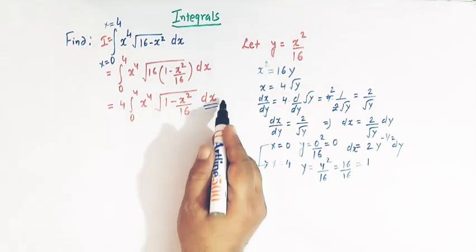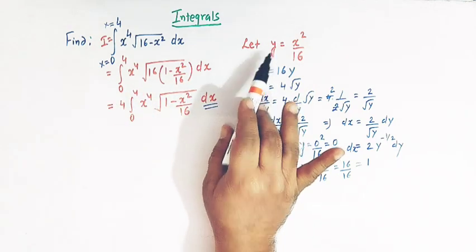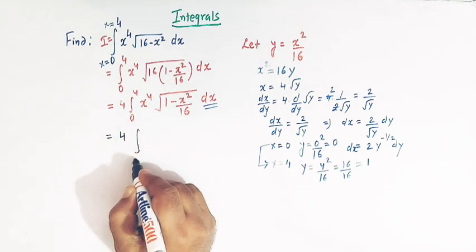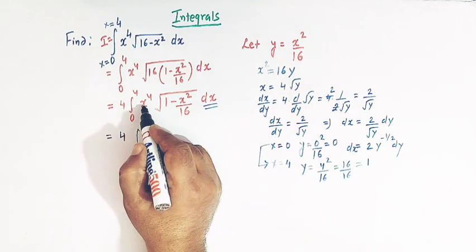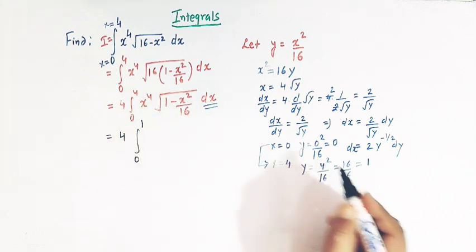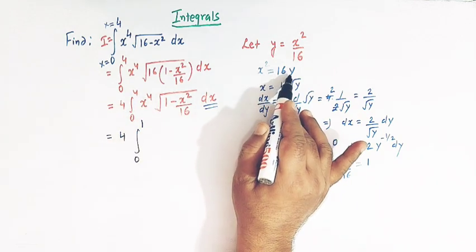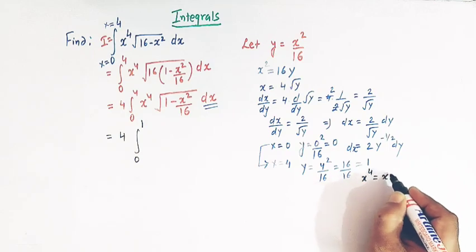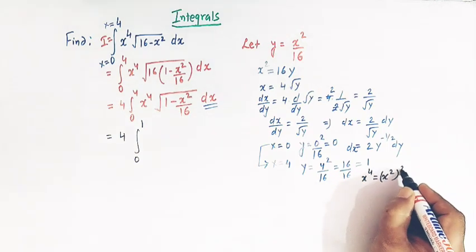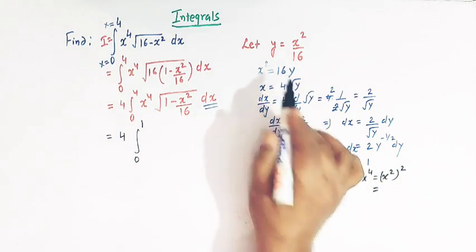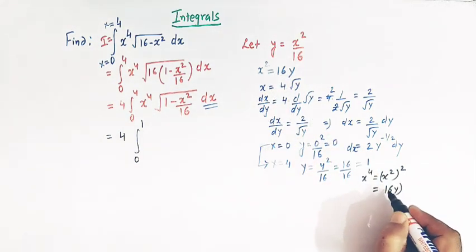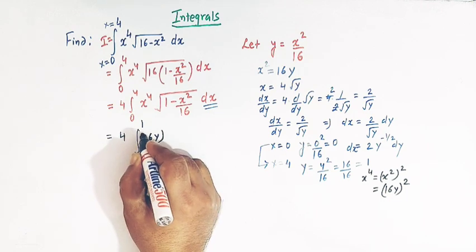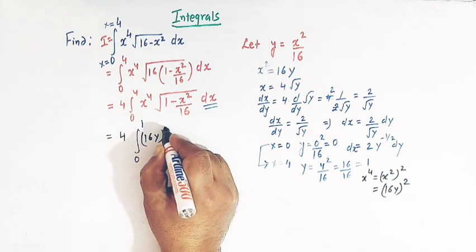Now we can write this integral in terms of y. So we have 4, then 0 to 1, and x raised to 4. See, x square is 16y, so x raised to 4 is x square raised to power 2, which is 16y raised to the power 2.